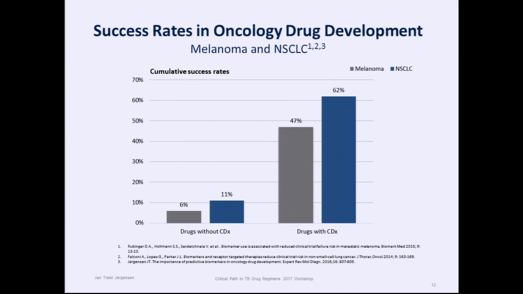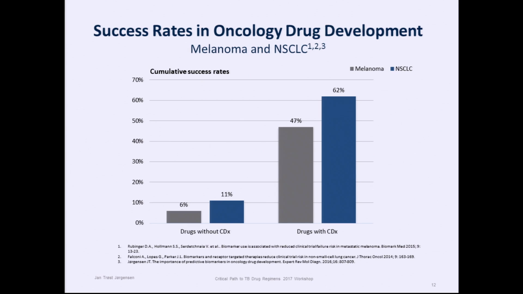And they looked at melanoma, and they looked at non-small cell lung cancer. They looked at the cumulative success rates from passing from phase 1 until phase 3, if there was a phase 3 study included, and having the drug regulatory approved.